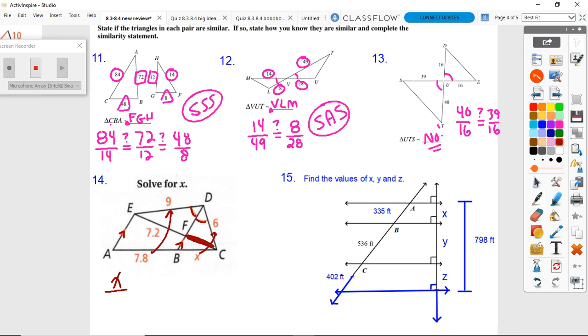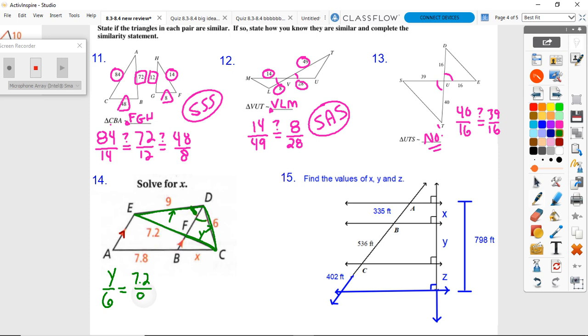Let me do it that way, in case you run into a problem like that, you may have to break it up into separate pieces. So for instance, if I treat this triangle at the top with my rules of angle bisectors, I can find, I'll just call it y. So y is to 6 as 7.2 is to 9.